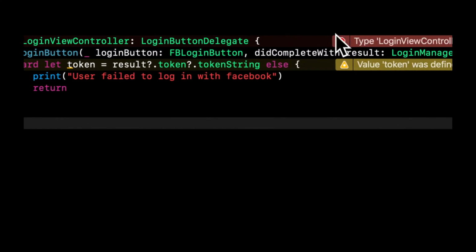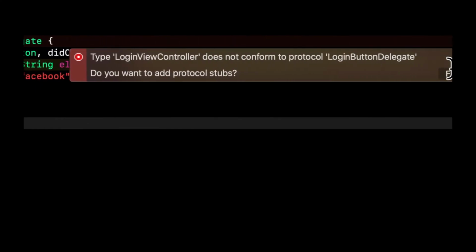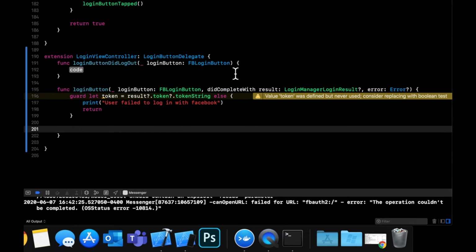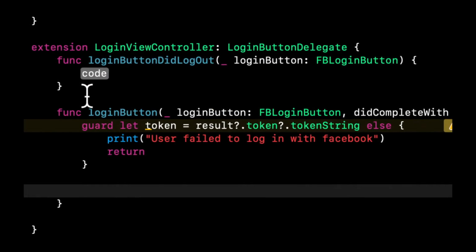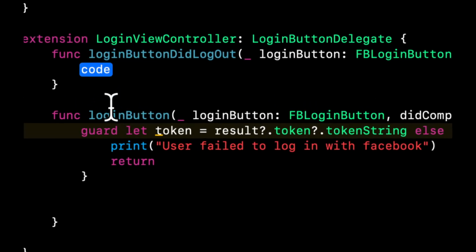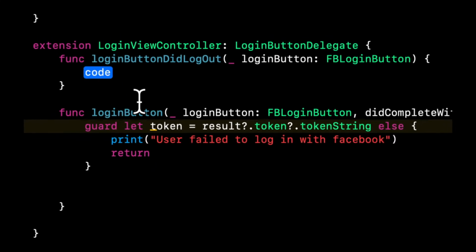And let me see why this is complaining. Looks like there's another function that it wants. There we go. That's the other one I was thinking of earlier. So if the login button was tapped to log out. So what Facebook does behind the scenes is if it detects that a Facebook user is signed in, the button will automatically be updated to show log out.